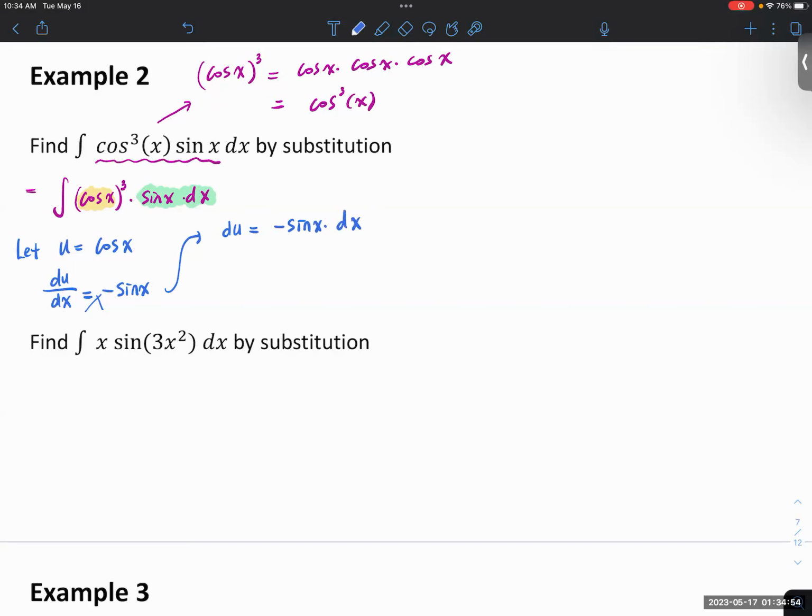Very similar, negative sine x, positive sine x. So I'm going to multiply both sides by negative: negative du equals sine x dx. So we found it. Sine x times dx is the same as negative du. That's your u substitution.